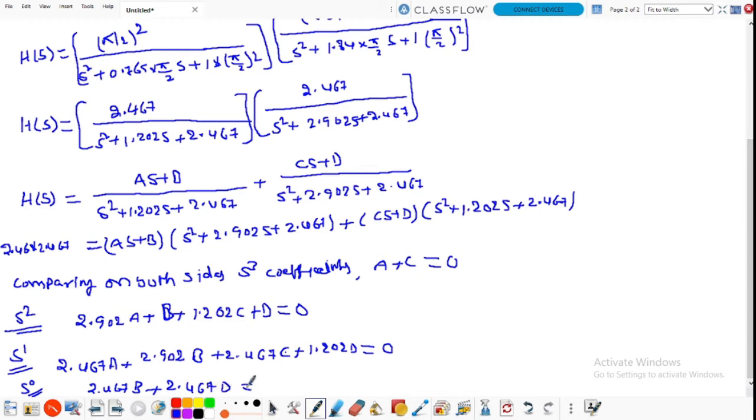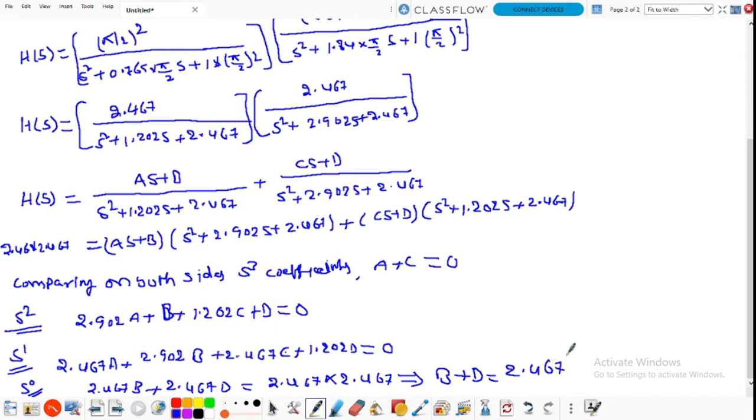On LHS side the S power 0 coefficient is 2.467 into 2.467. So that is equal. On both sides 2.467 is common, so it is cancelled. We get B plus D is equal to 2.467.